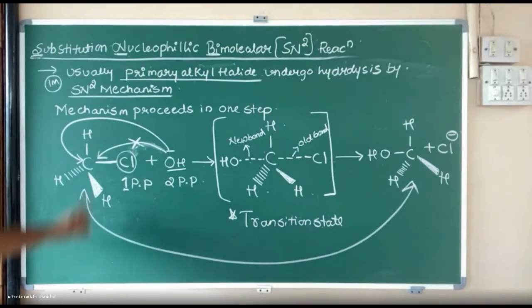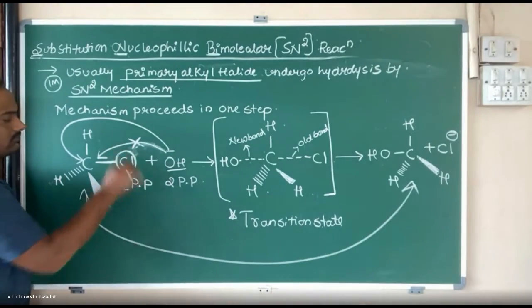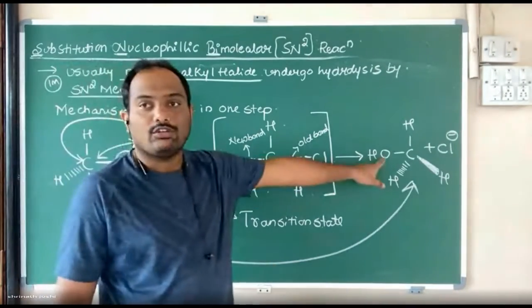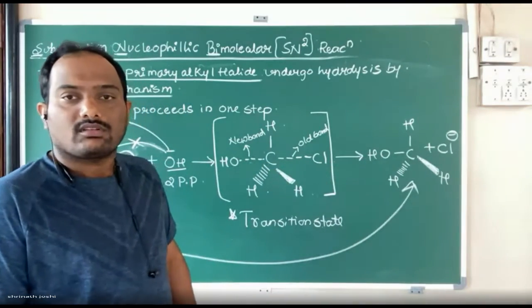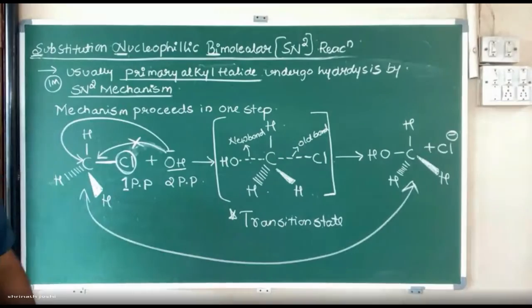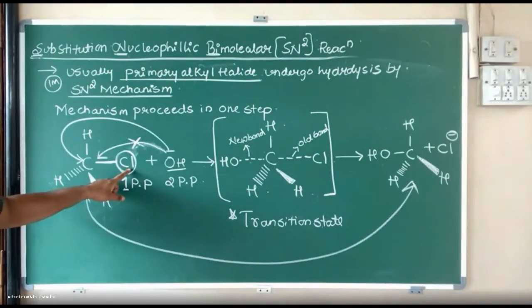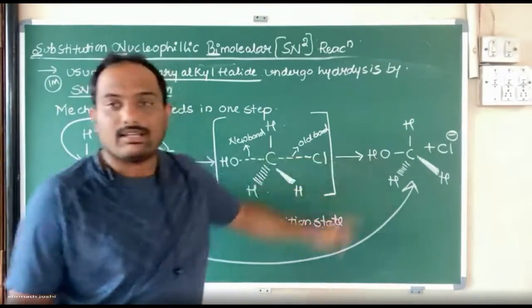No. The 3 hydrogen position is changing. Then what is the change? From where your chloride atom has gone, from the opposite side the nucleophile has come. Correct? Yes or no? From where the Cl atom was there, on the opposite side the OH has come.